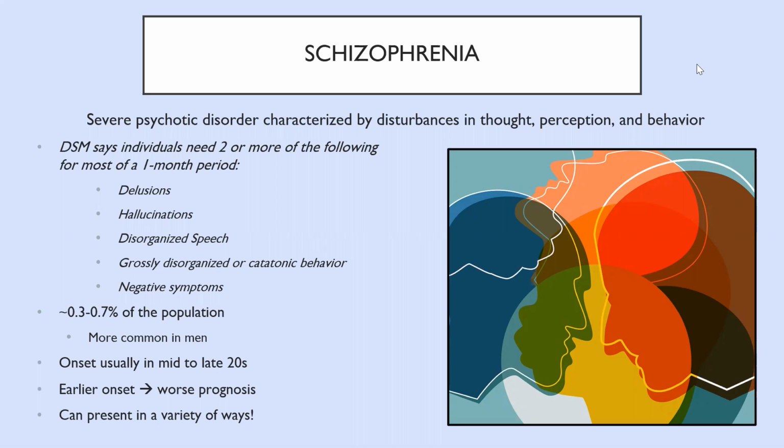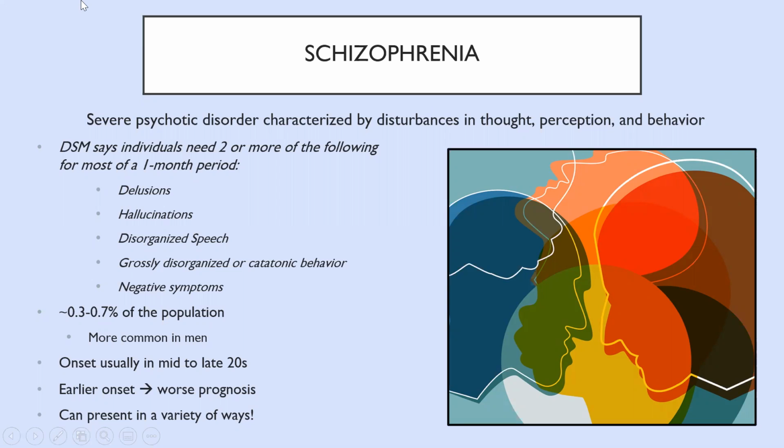Disorganized behavior might involve abnormal motor movements, maybe strange movements that don't seem to have any purpose, might be very jerky. And then those negative symptoms, things like the alogia, the avolition, those decreased speech and motivation. So to be diagnosed with schizophrenia, you need at least 2 of these 5. You can have more than 2 as well.